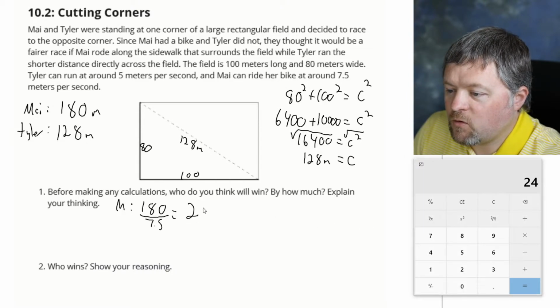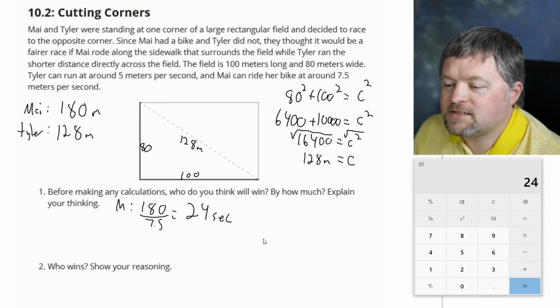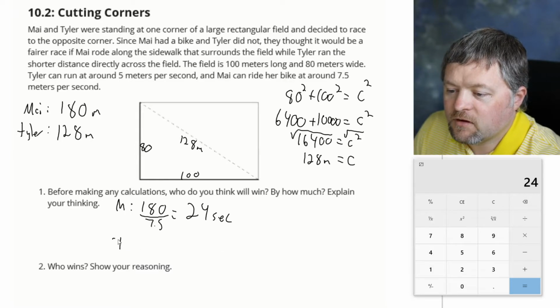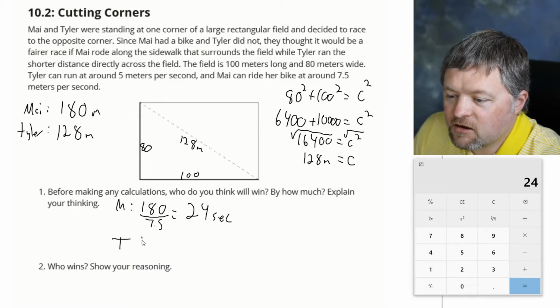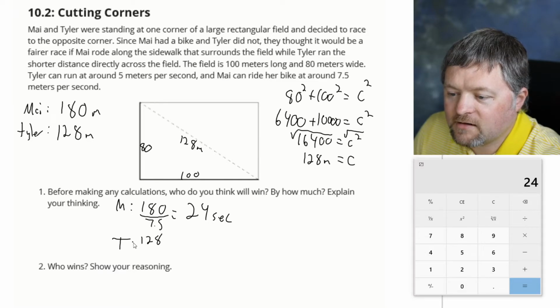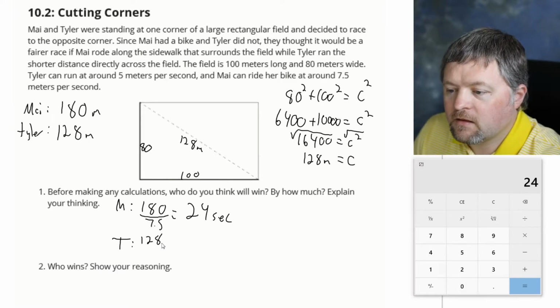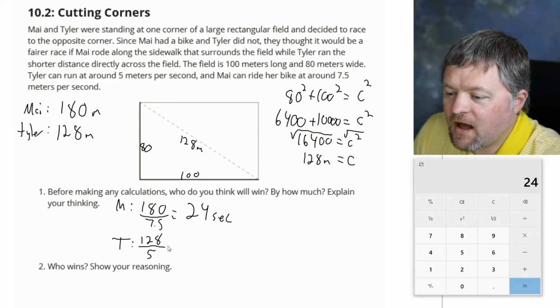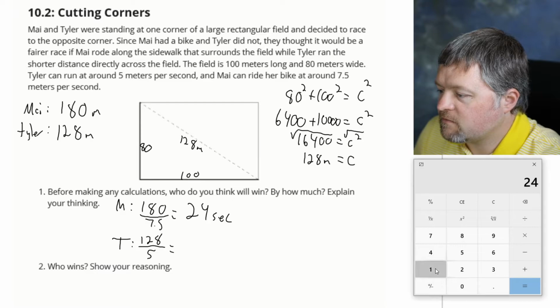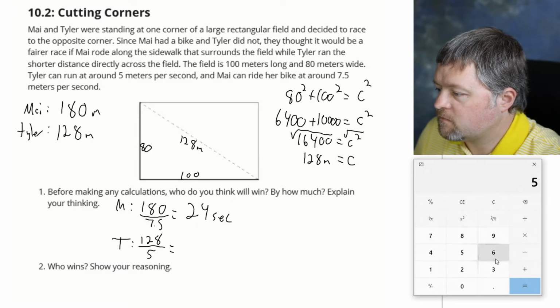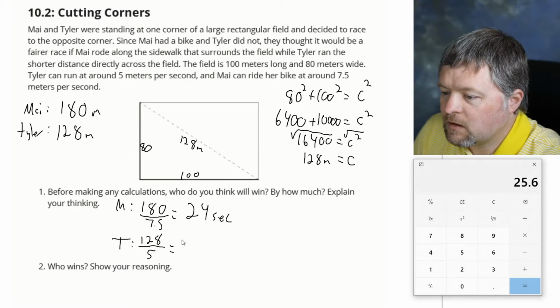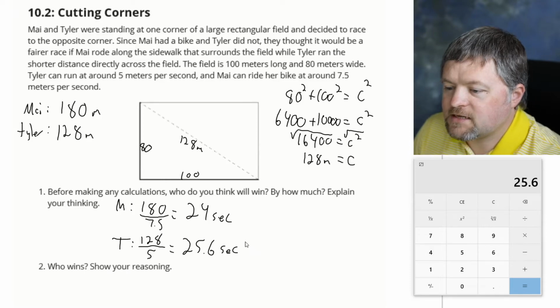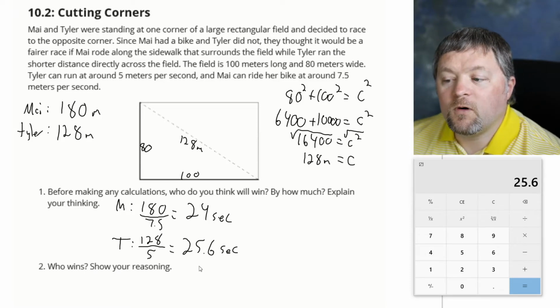It took Mai 24 seconds. Now, Tyler has to go 128 meters at 5 meters per second. That's about 25.6 seconds. So who won the race?